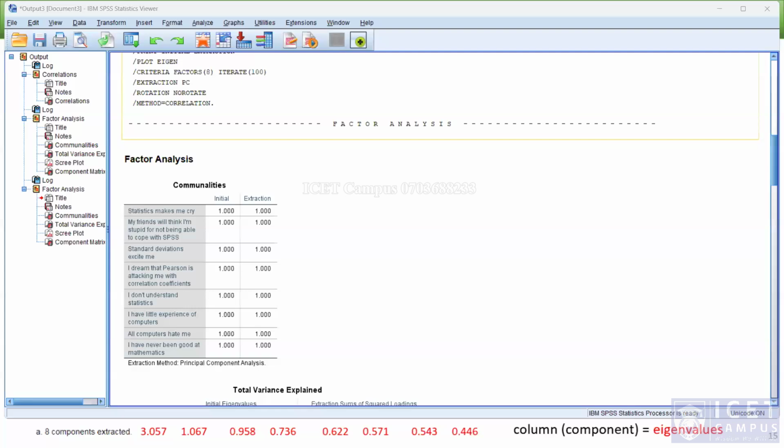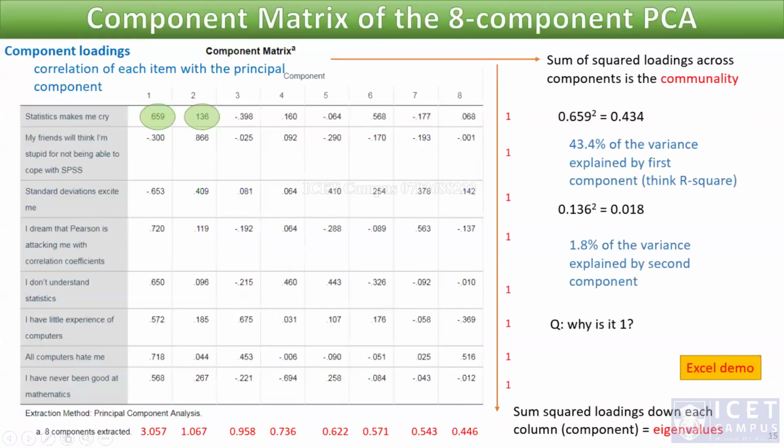Here you can see this component matrix. Then it is mentioned there 0.659, 0.136, negative 0.398. So this is that output, right? So we'll see what is explained by this output.